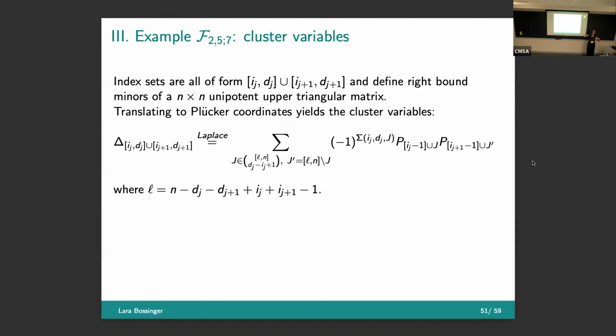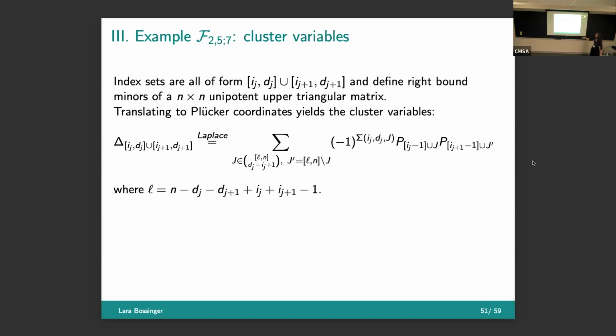So all I have to do here is pass from the minors whose column sets are bound to n, like intervals running up until n, and row sets vary, expressing them in terms of minors corresponding to Plücker coordinates. Yeah, and this is the Laplace formula that you have to compute if you want to do that.